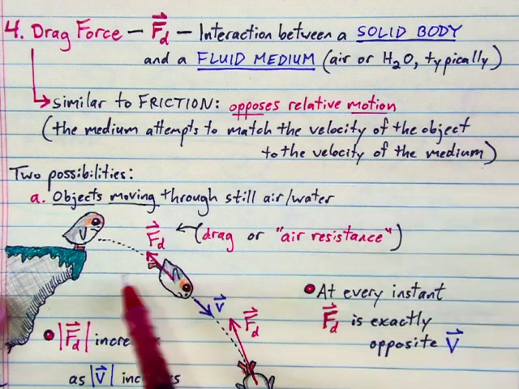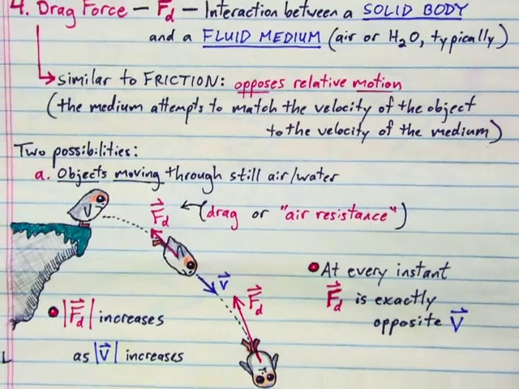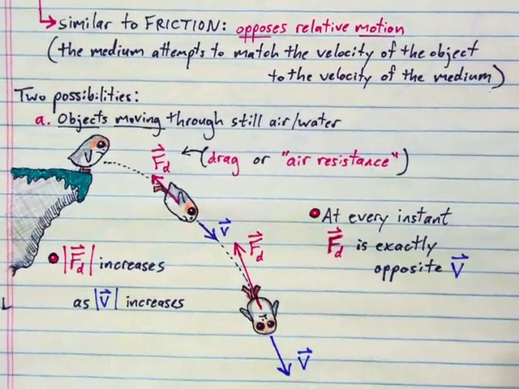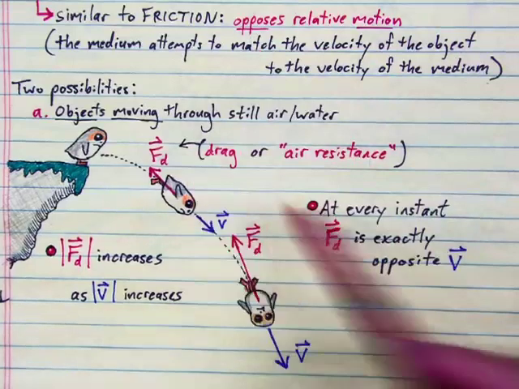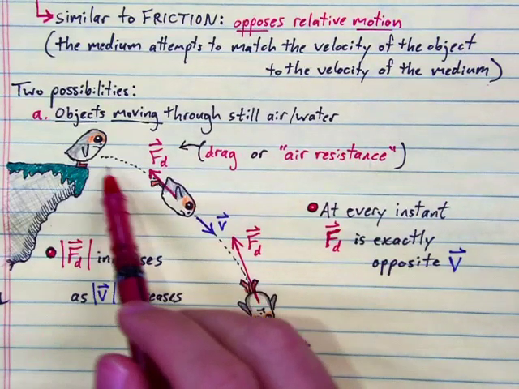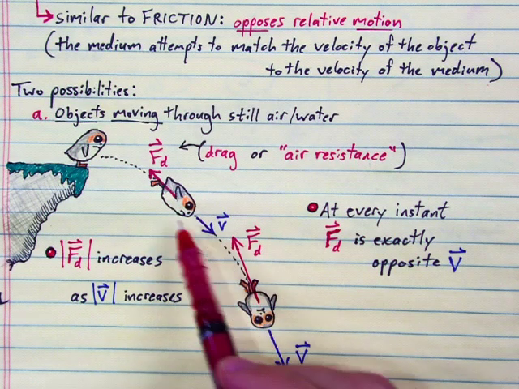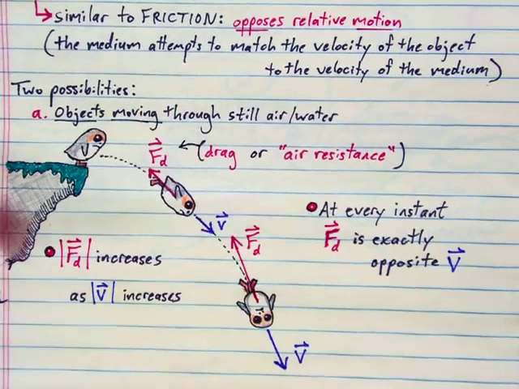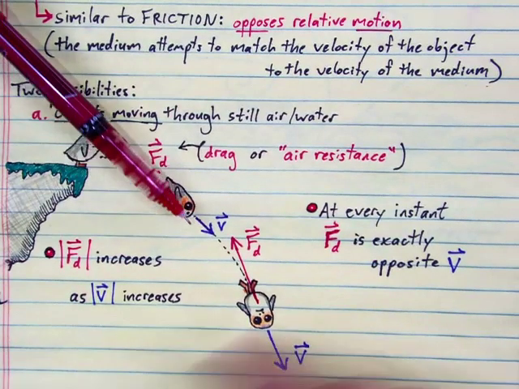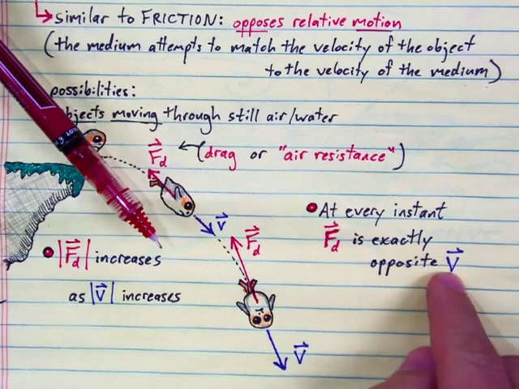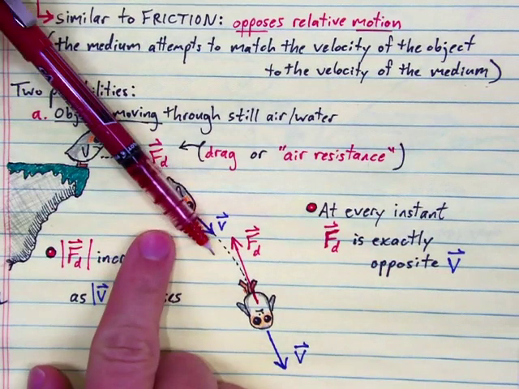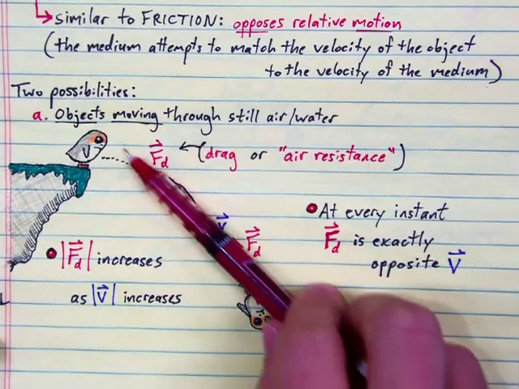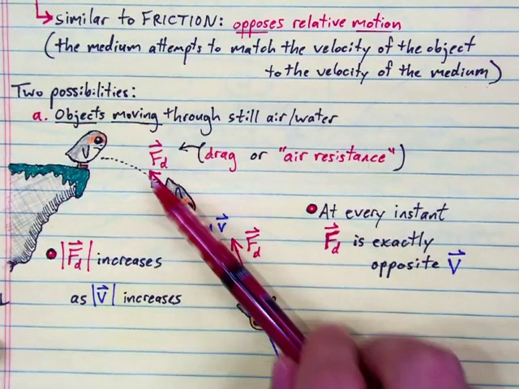And there are two possibilities here. One is that you've got objects moving through a medium that is still. So here, these little penguins leaping off experience a drag force as they move through the air. And that drag force has two properties. One, at every instant, it's exactly opposite your velocity. So if the velocity is this way, then at that moment the drag force is exactly opposite the velocity, always opposing velocity.